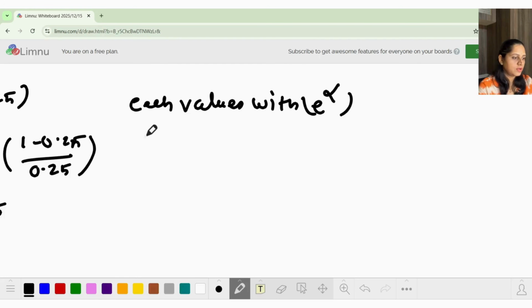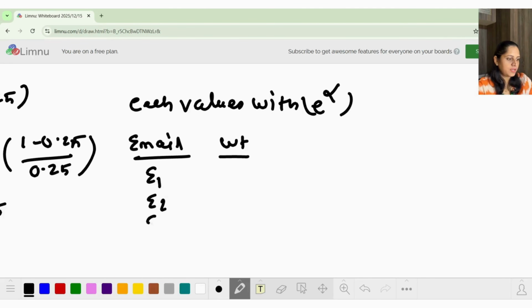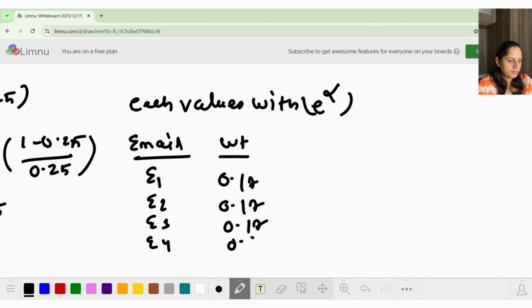So now if we see the updated weights, it's going to be E1, E2, E3 and E4, and here it's going to be 0.17, 0.17, 0.17 and 0.43. So these are the values we are getting, suppose.